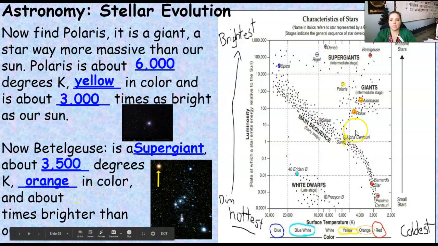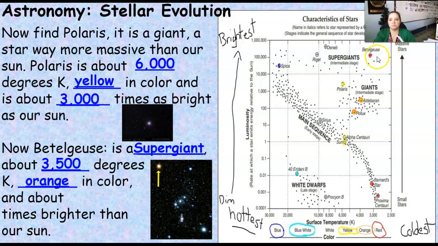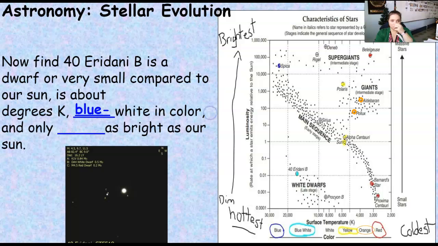And is about how many times brighter than our sun? Our sun's down here. Let's see. This is 10,000. That's 100,000. 2,000? 3,000? Or 100,000. Sorry, my zeros are off. 100,000 times brighter than our sun. So a lot brighter. Wonder why that is. Maybe because it's bigger.